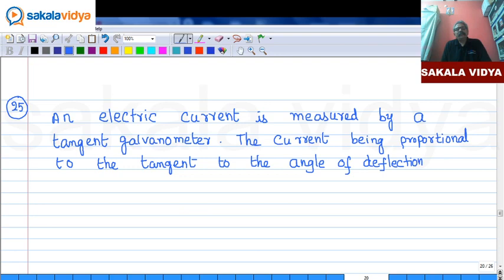Because the galvanometer's meter reading actually moves.